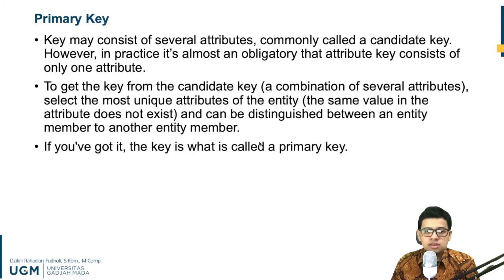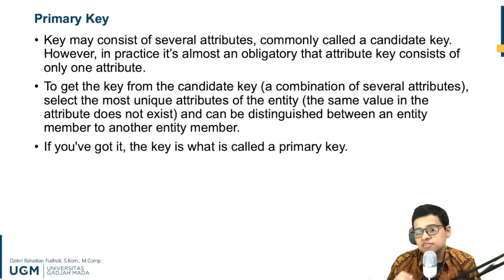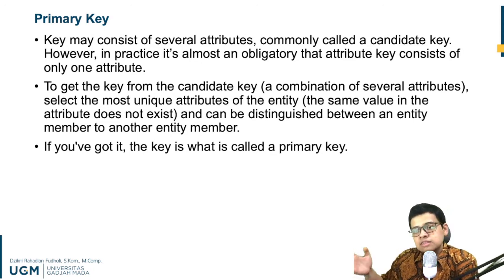The second one, we're still going to talk about primary key. A primary key itself may consist of several attributes. For example, ID and gender. That can be a primary key through two separate attributes. However, the combination of these two attributes must be unique, so must be different from another entity in that entity set.